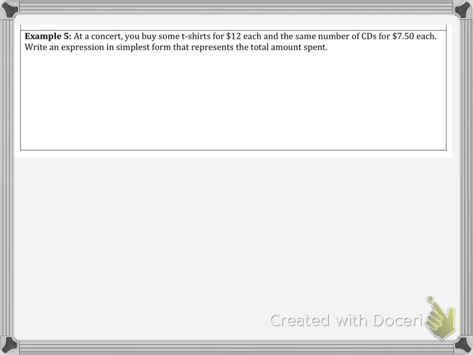Example 5 says, at a concert, you buy some t-shirts for $12 each, and the same number of CDs for $7.50 each. Write an expression in simplest form that represents the total amount spent. So for this, we are solving for x.